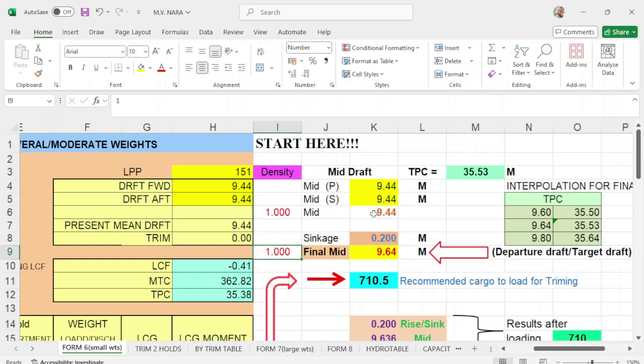So from here on to your final departure, that is nearing completion of loading, both densities are 1.00. That is what it meant. This is your departure draft. This is near completion of loading, or the present draft. Okay, so let's proceed.